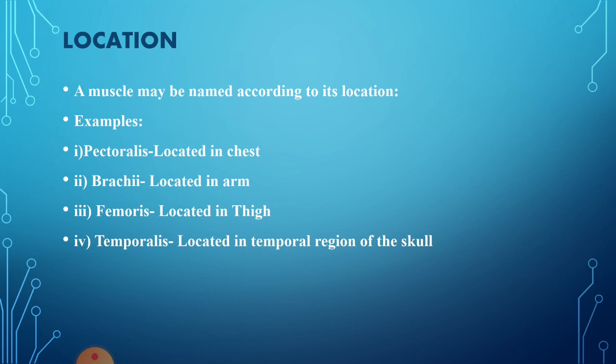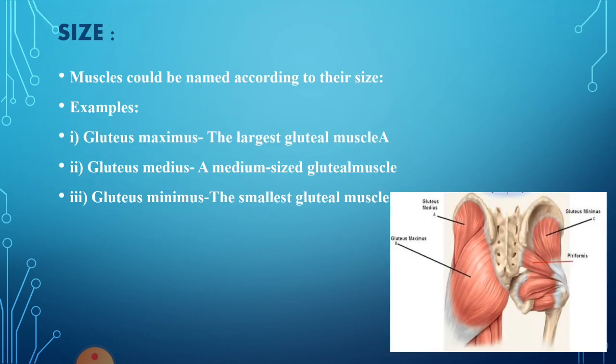The last example is temporalis, and we saw the temporalis muscle as well, that had a fan-shaped appearance, and we saw that the temporalis muscle was located in the temporal region of the skull.